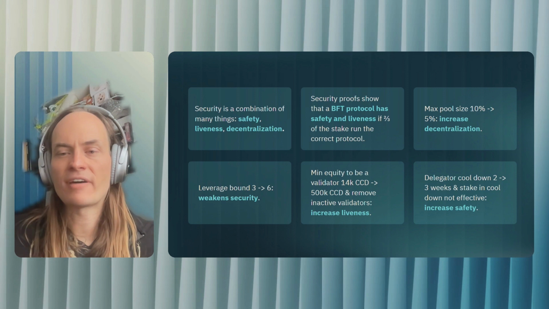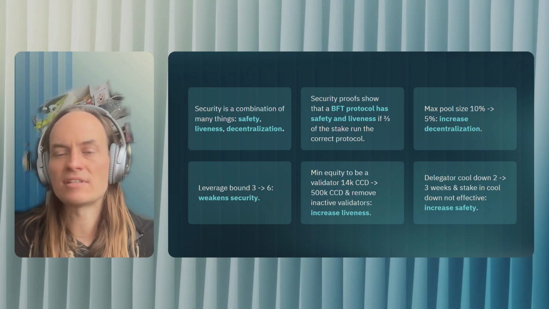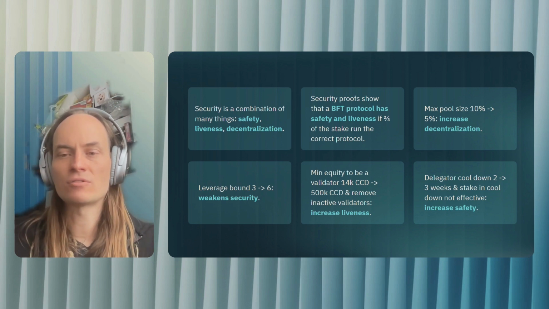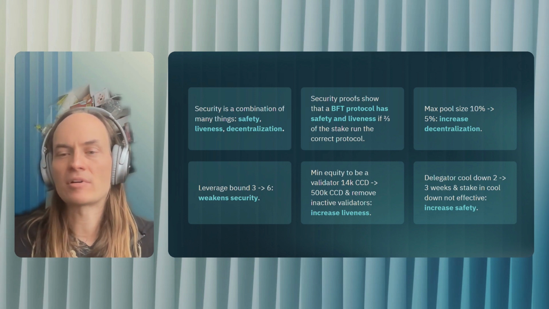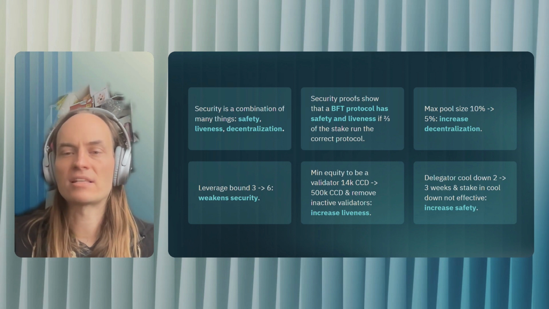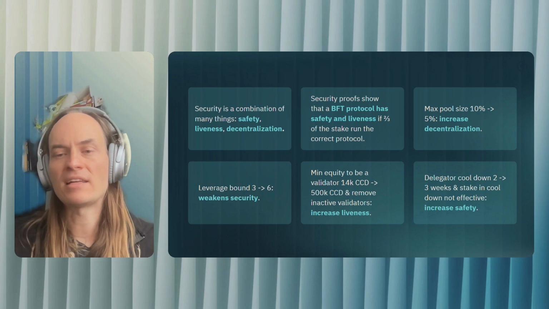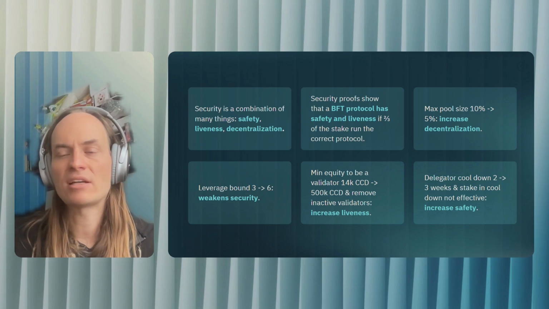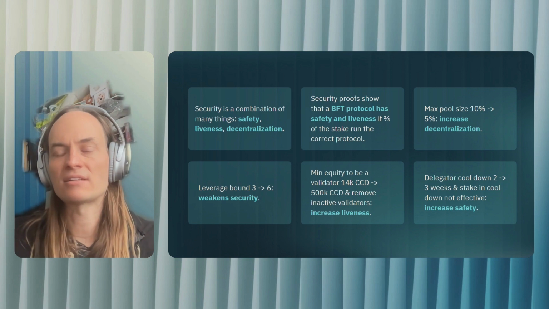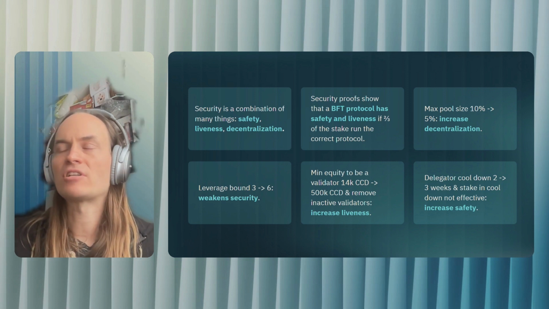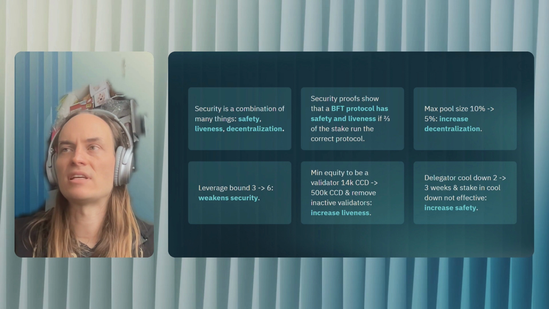And this has to do with the fact that at the current price of CCD, it costs you less than 100 euros to get your 14K CCD. And then people could just stake the CCD without even understanding what they're doing, without even running a node. And it would just slow down the protocol each time these validators don't get selected. So the initial plan was that to be a validator, it requires several thousand euros and not just less than 100. So we've adapted the minimum threshold to 500,000 CCD.